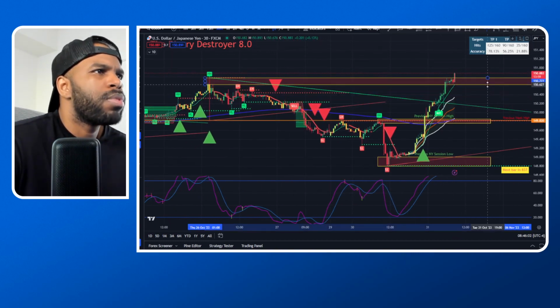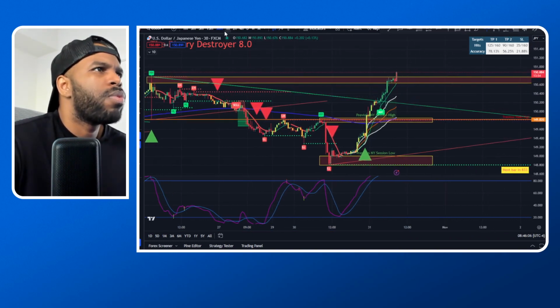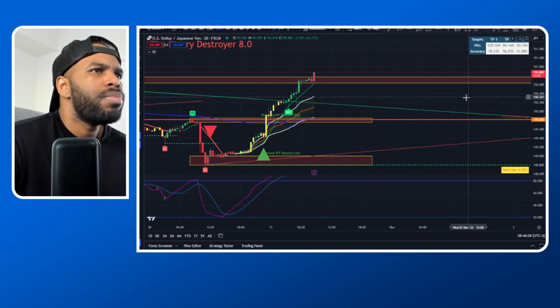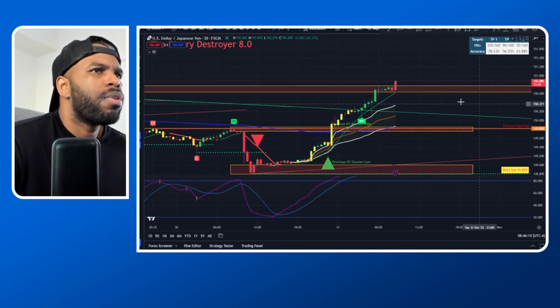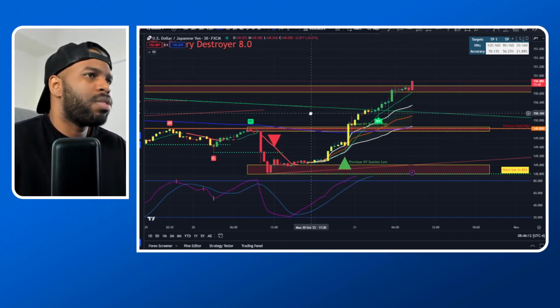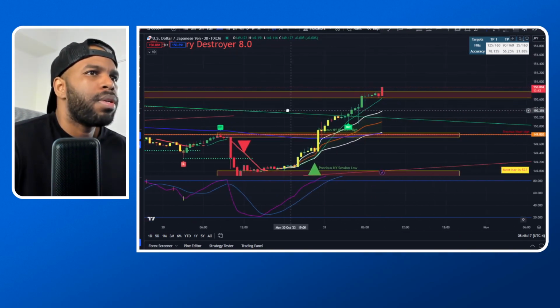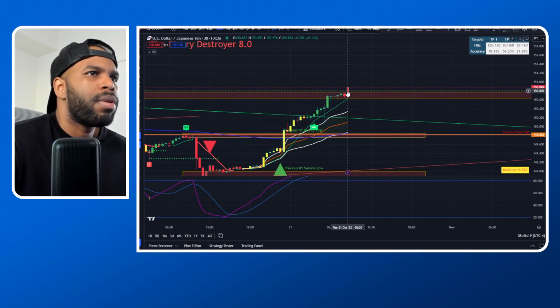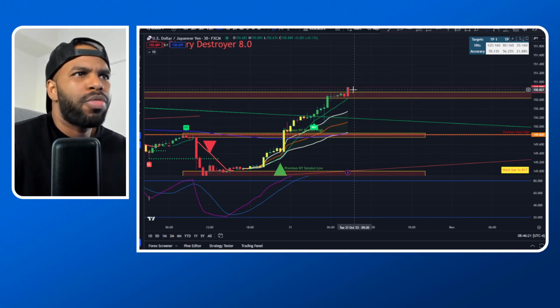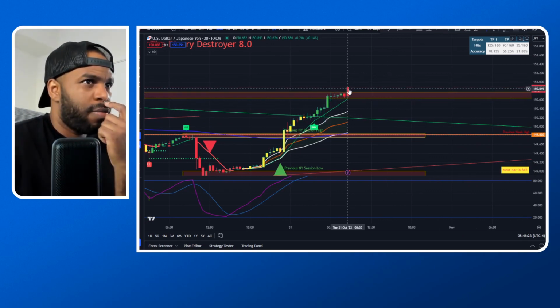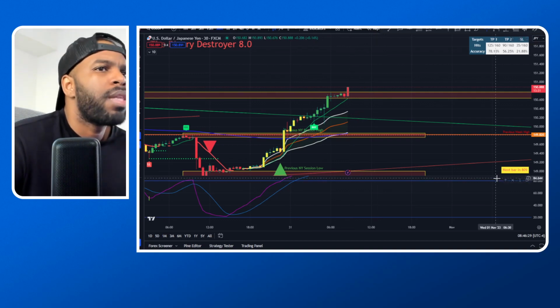I'll bring this up just a tad bit, right there. So yeah, since we're in an uptrend here, I'll probably wait, because it's got 13 minutes until this candle closes. I'll wait for this candle to close above the zone and then come back down, retest, and then continue to go up. That's my thing.